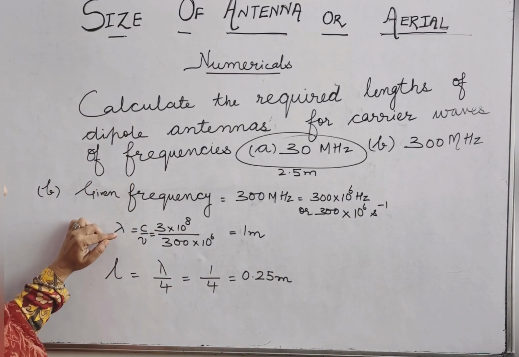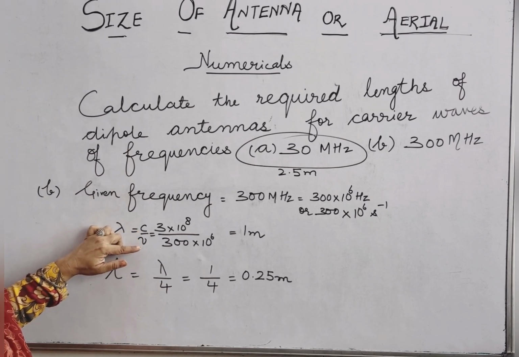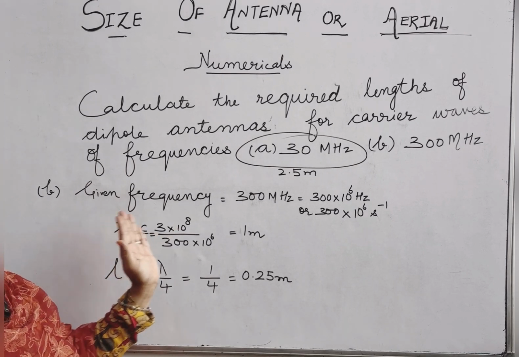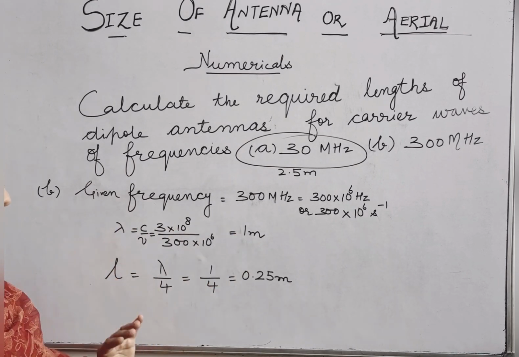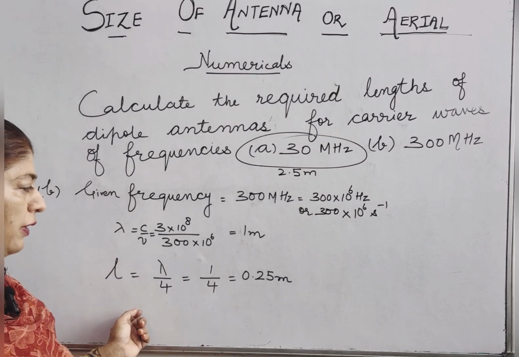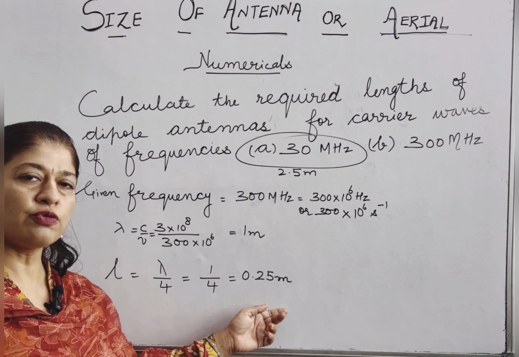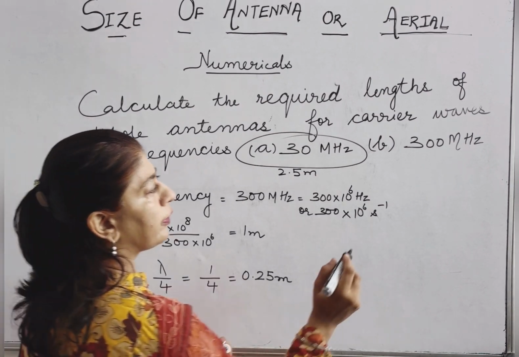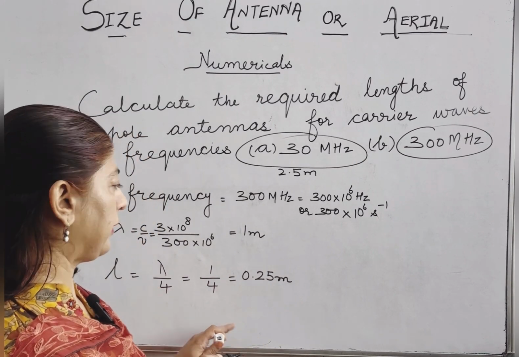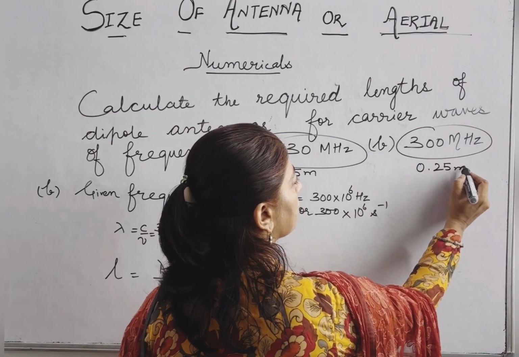Now the wavelength is given by velocity of light upon the frequency. Putting these values, lambda comes out to be 1 meter. The length of antenna is 1 by 4th of the wavelength, and we found that the length comes out to be 0.25 meter. So for 300 megahertz, the length of the dipole antenna required comes out to be 0.25 meter.